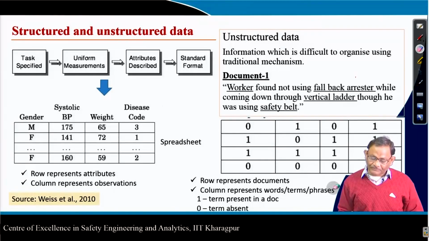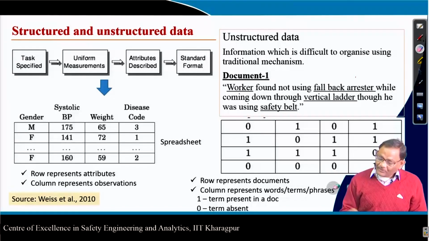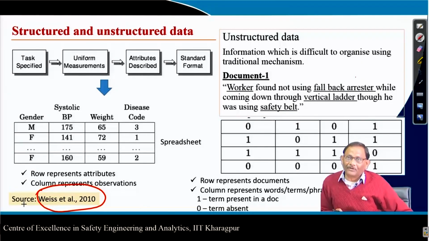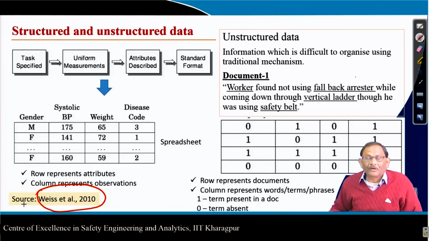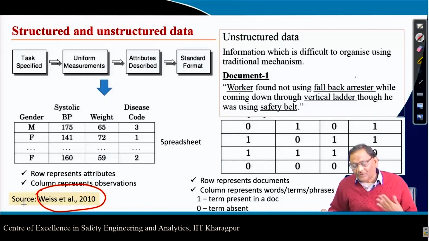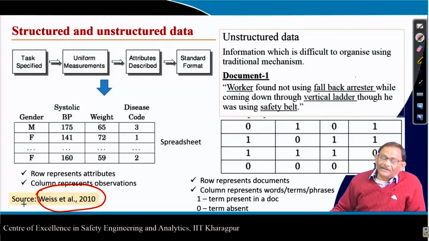Many of the concepts I have taken from this book by Weiss et al. 2010. In addition, the Manning et al. book on information retrieval we have also gone through. In the process, many times we may miss telling the source, but at the beginning I am telling you that the source is Weiss et al. 2010 and Manning 2008, but these lectures are primarily from Weiss et al.